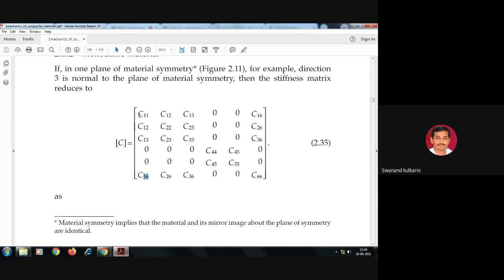So if we try to count exactly the number of independent elastic constants required to represent this material, then C11 is 1, 2, 3, 4. Here it is counted only once, because C21 is nothing but C12.